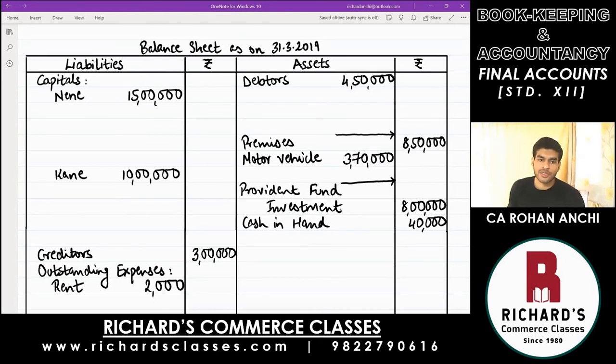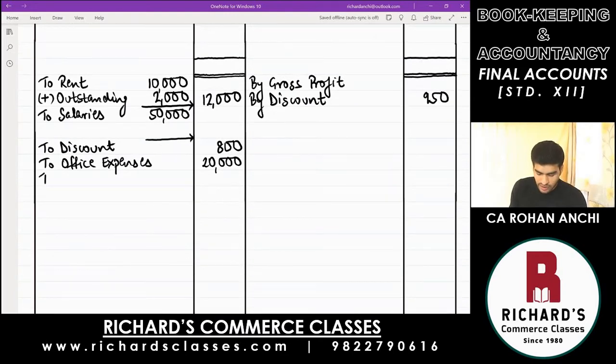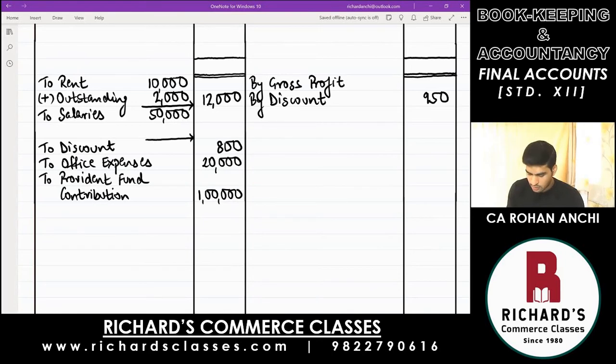Provident fund contribution for this organization, that will be an expenditure. So come to profit and loss account debit side, write on, to provident fund contribution. Amount is 1 lakh. Then next is only provident fund.